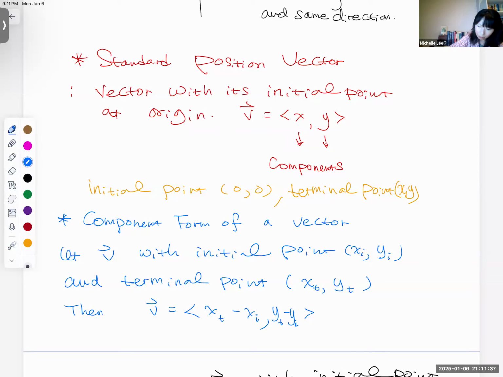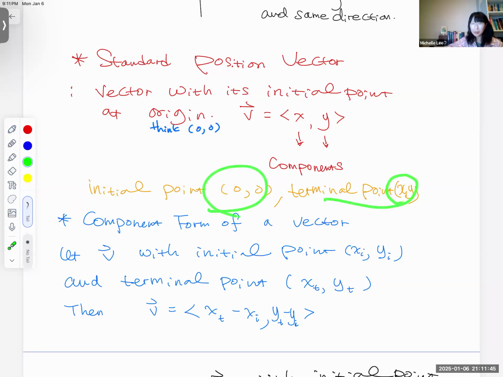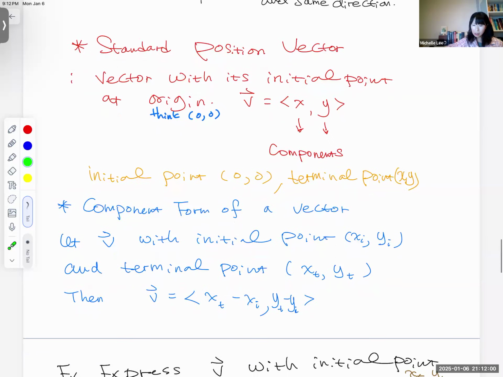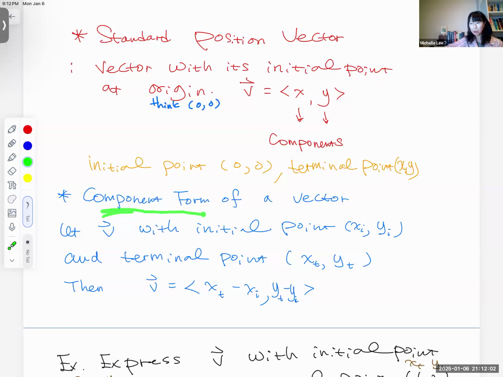So initial point is 0, 0, terminal point x, y, or any number, right? So 2, 3, 7, 5, and so on. And then I just said the component, right? That's another terminology in vector. So we have the component form of a vector. So let v have initial point, so we are using an ordered pair as a point, right? In 2D in the plane, so x, y.